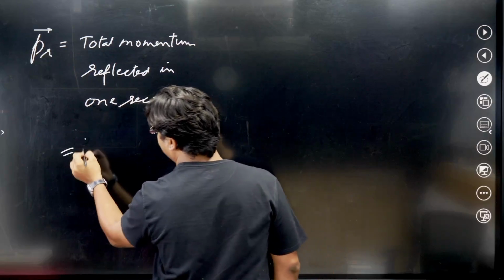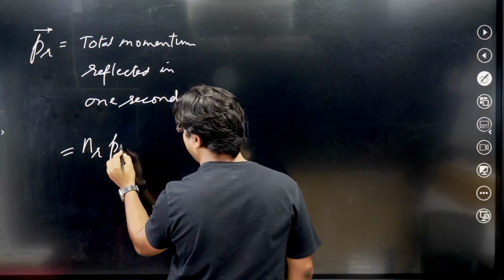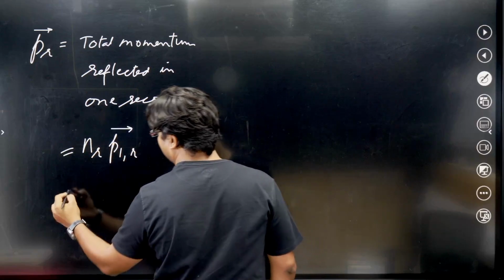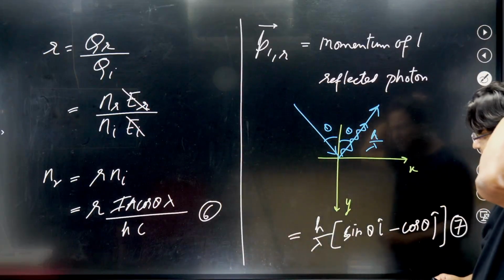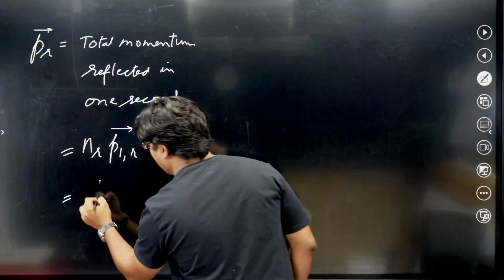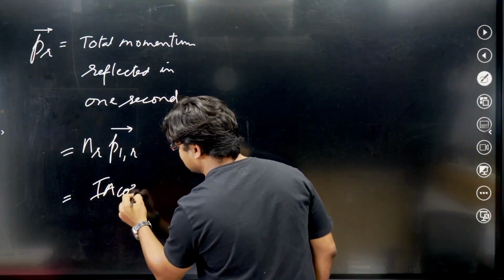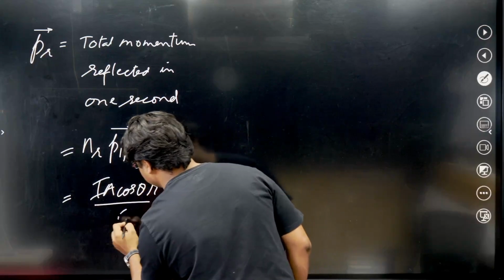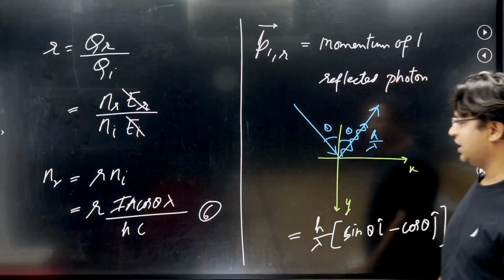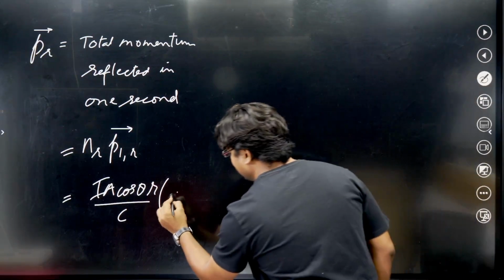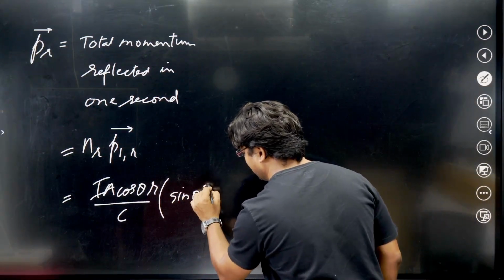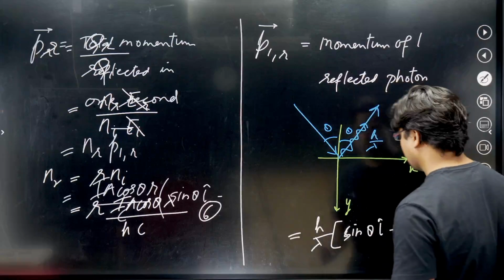That would be NR multiplied by P1R. If I multiply these two, h by lambda gets cancelled. I get Ia cos theta R by c, and then sin theta i cap minus cos theta j cap.